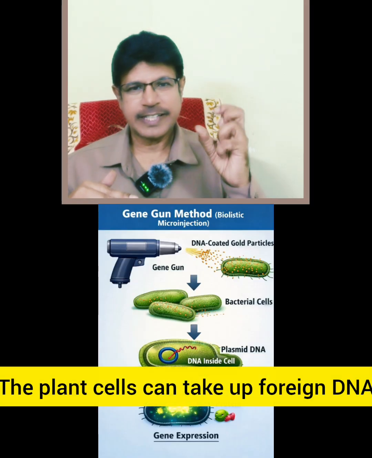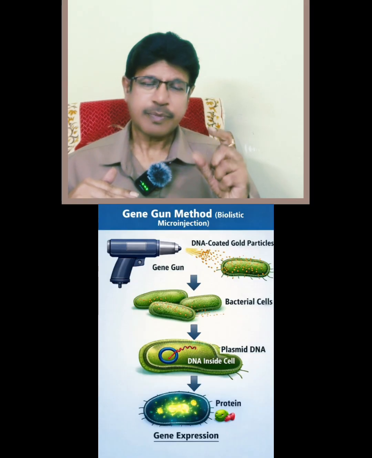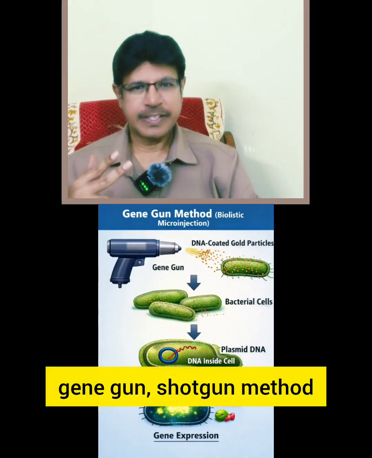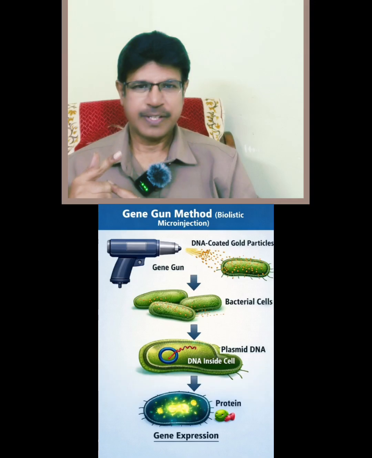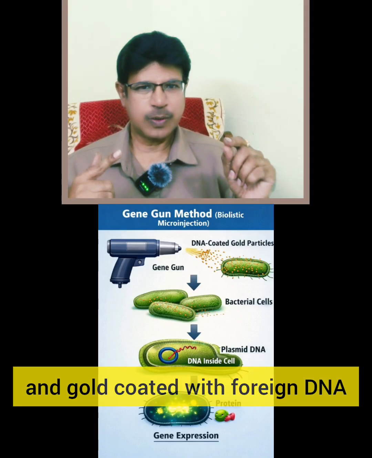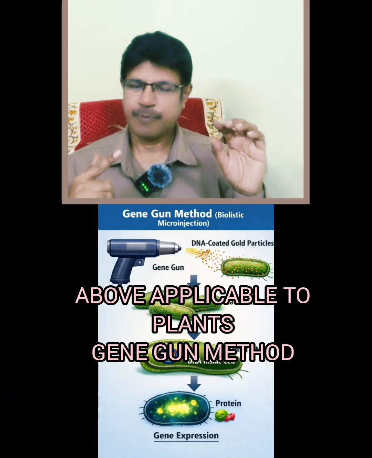The plant cells can take up the foreign DNA. This gene gun, shotgun, or biolistic method is applicable to plants. Which particles are used? High velocity particles like tungsten and gold coated with foreign DNA.